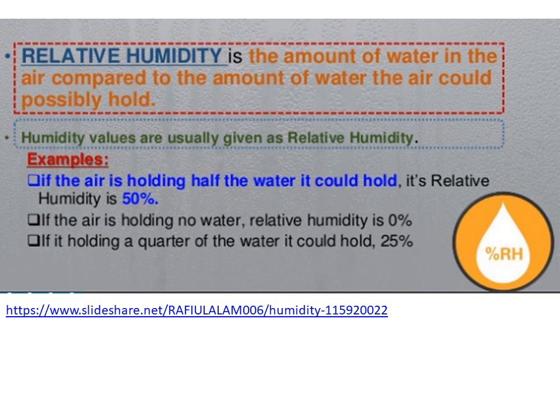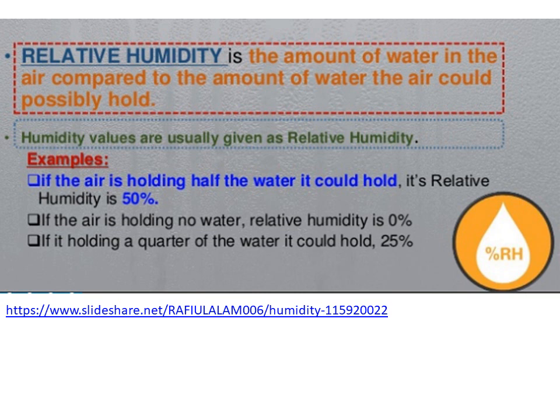Ibig sabihin, itong air parcel na ito, kaya niya pa sanang mag-hold ng water. Yun yung mga color orange. Pero yung kanyang amount lang ng water na na-hold niya as of now is yung nasa white. So, yung tawag doon is percent relative humidity, which is 50% based on the example.